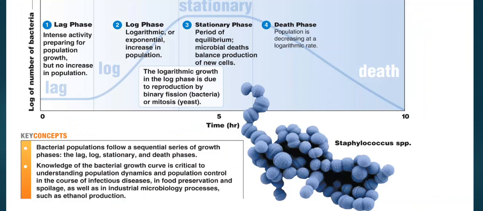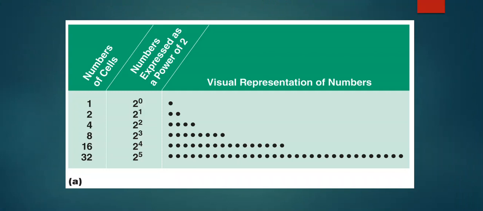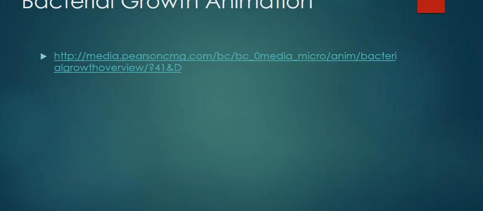We've already looked at those different phases that we've seen. And this animation I will link in the description, so you're able to watch it if you so choose. It's just showing that one cell becomes two, so it's that logarithmic expansion. And in fact, let's go have a look at it.